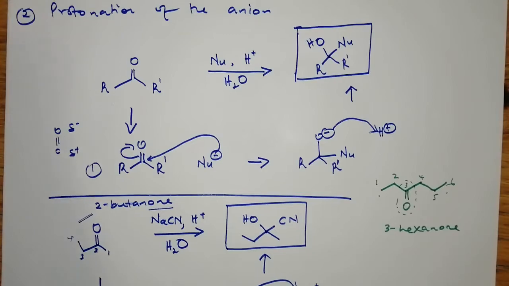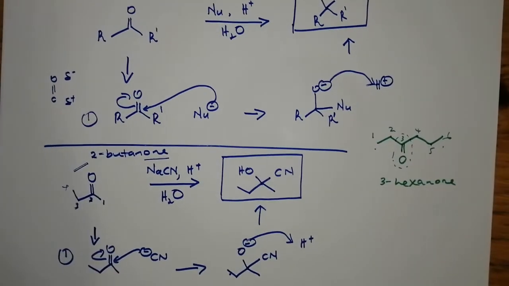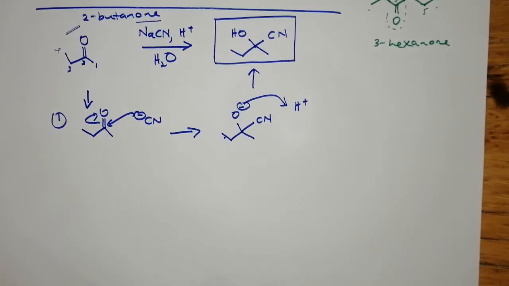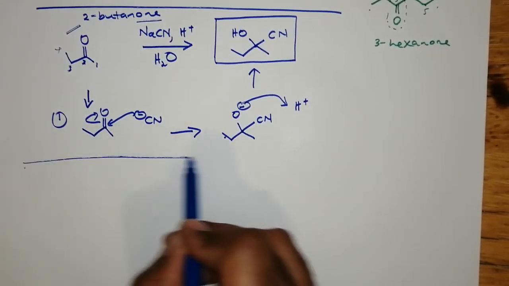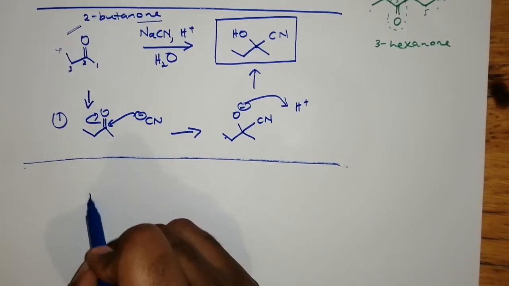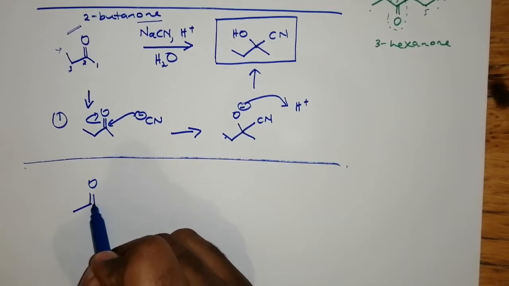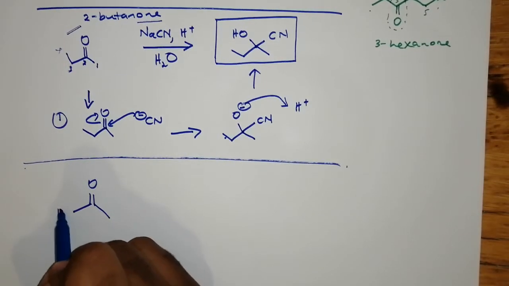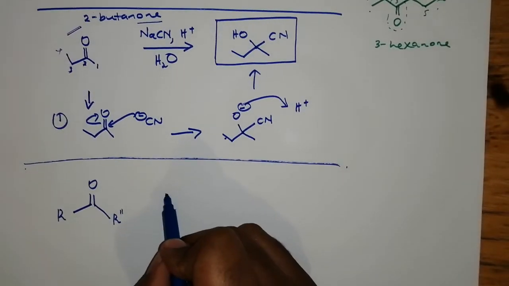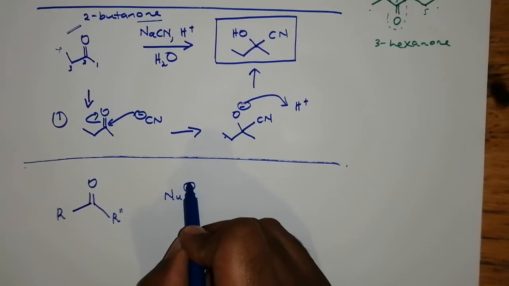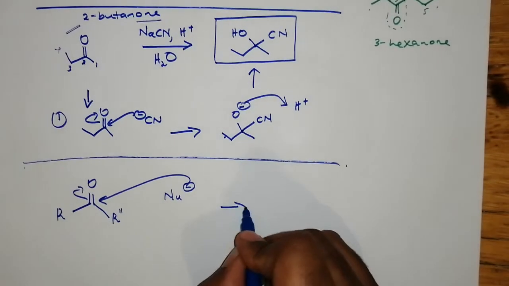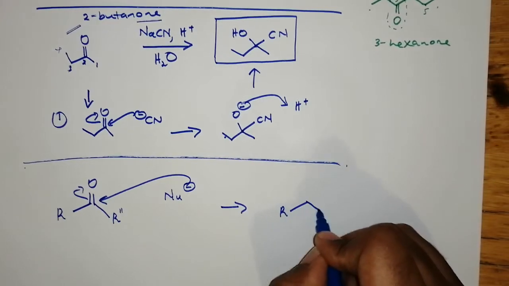So I just want us now, guys, to appreciate something about these reactions. So let's go back a bit. So we had this right here, and then we had our alkyl groups, and then our nucleophile attacked, and then our pi bond broke there, and then we had this.